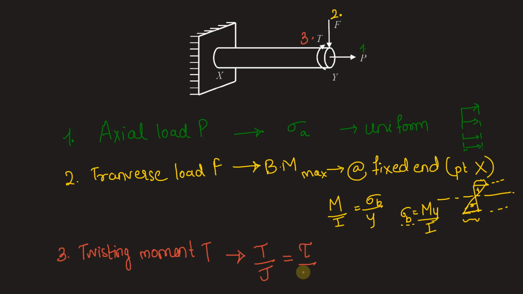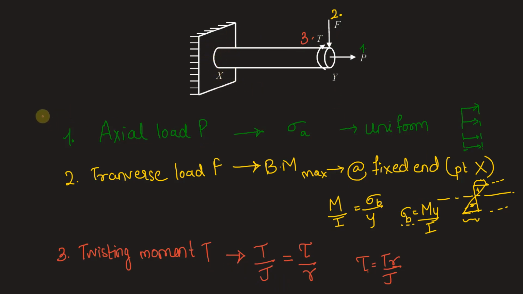R is nothing but the radial distance from the center of the shaft. Here also we can see that shear stress is equal to TR by J. Hence shear stress is directly proportional to the radial distance from the center. So from the point of view of torsion also, the circumferential point will be the critical point.